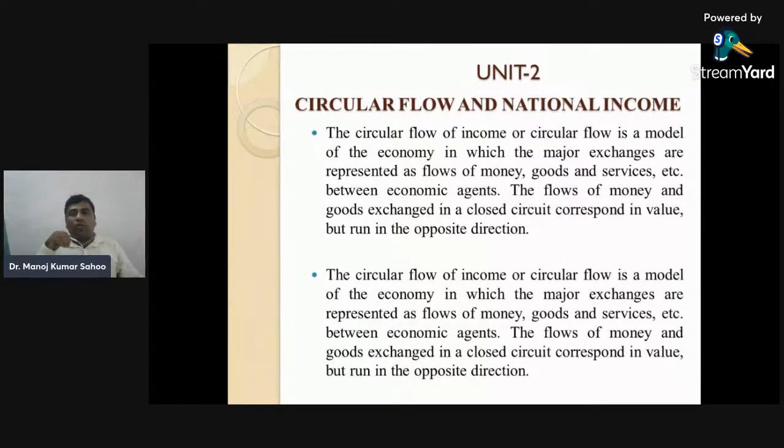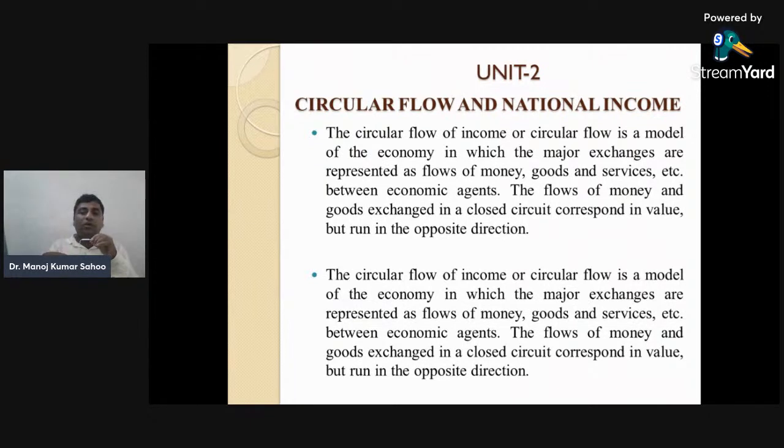Okay, so circular flow is basically a model of the economy in which the major exchanges are represented as the flow of money, goods and services between the economic agents. Who are the economic agents? You are the household, you are the government, okay, and the farm, the foreign sector. So all are the economic agents.